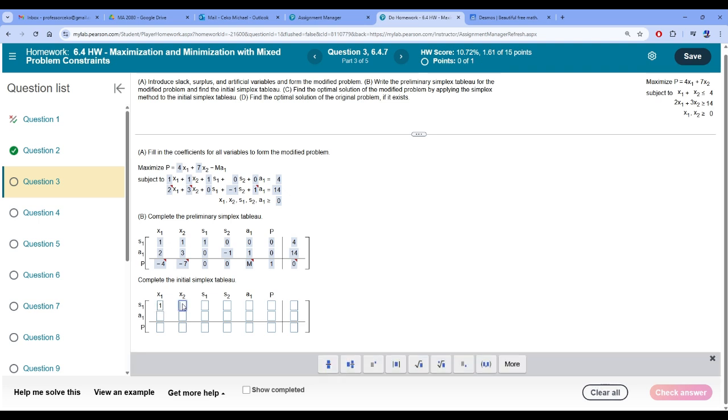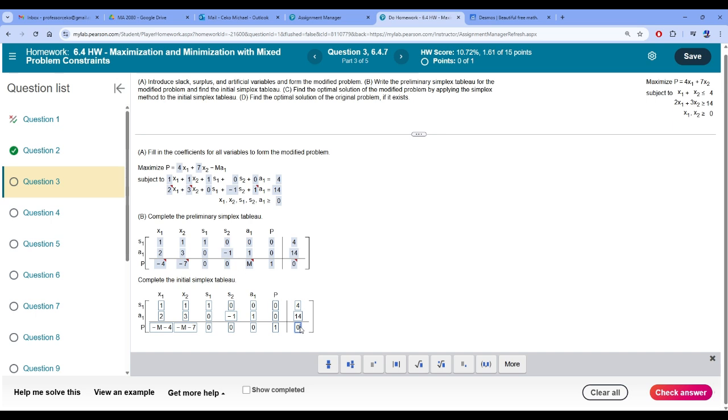Let's try it. 1, 1, 1, 0, 0, 0, 4, 2, 3, 0, -1, 1, 0, 14, and then let's try -M minus 4. Let's try -M minus 7, and then let's try 0, 0, 0, 1, maybe 0 here.